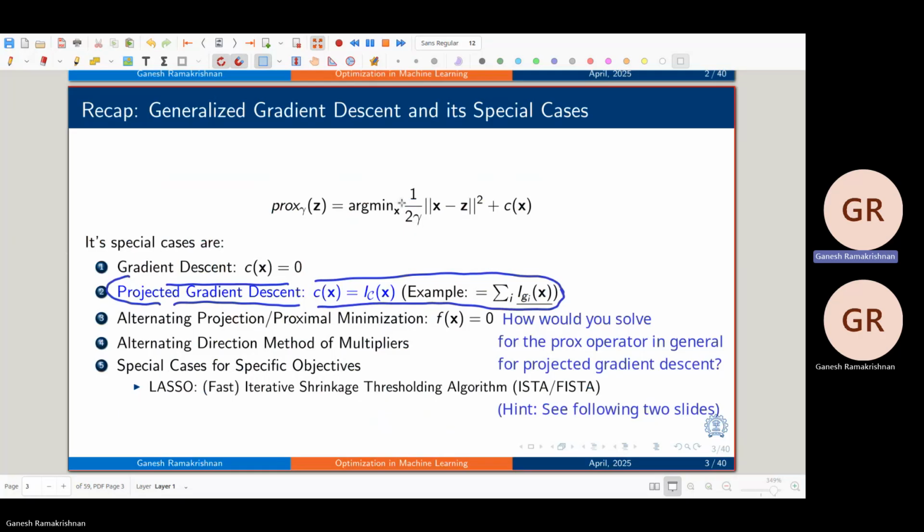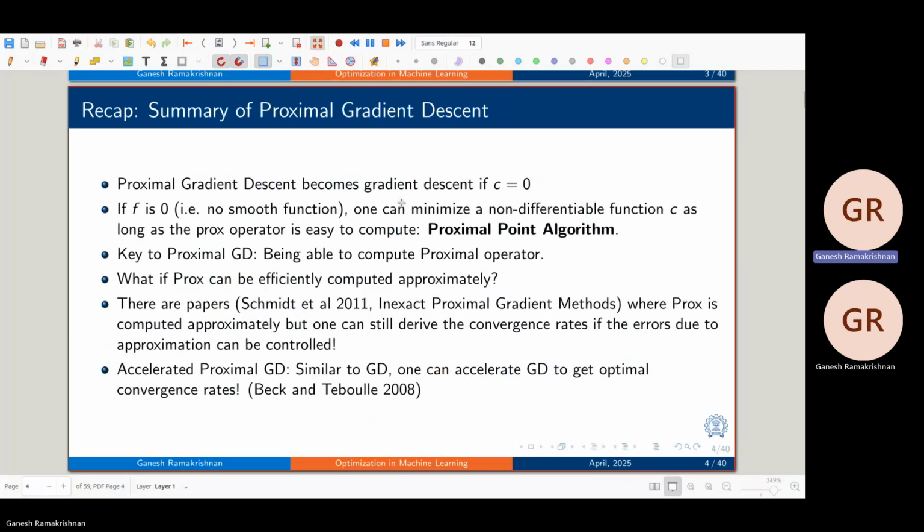And what we saw was the proximal gradient descent, the generic framework of proximal gradient descent. But what we'll do now is the projected gradient descent in some more detail. I, of course, gave you some exposure to what projected gradient descent is, right?